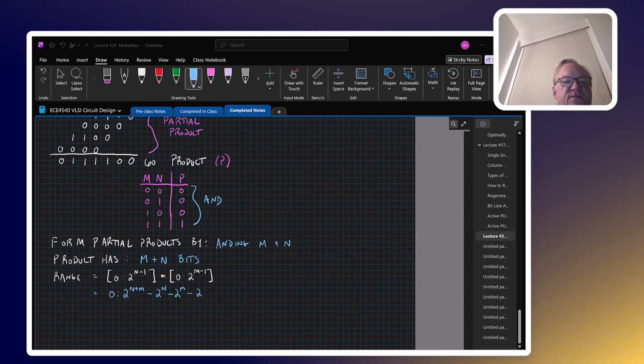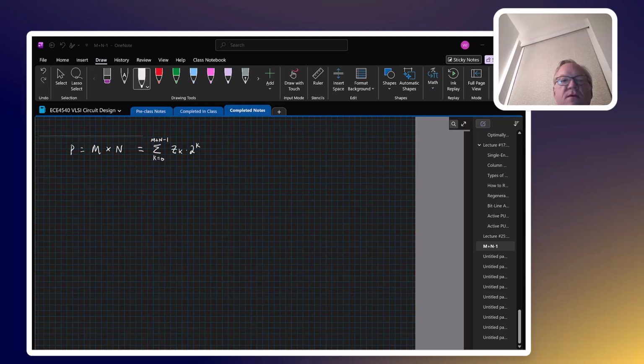All right, we can also formally define the operation that we're doing. So our multiplication operation, the product of m times n, can be defined as the sum from k equals 0 to m plus n minus 1 of p sub k times 2 to the k.